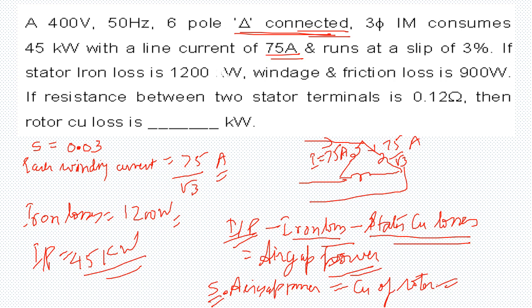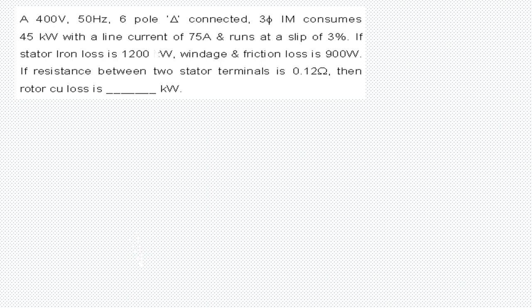Let's see how we proceed. Now he is saying that the resistance between the two stator terminals is 0.12. Because it is delta connected, if I only show you this R and R, and he's saying any two terminals, you can see that these two resistances will be in series.